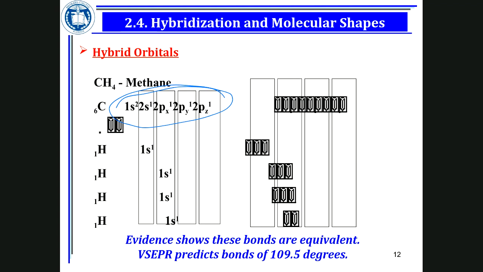And we talked about this earlier and said addition of orbitals is linear. That means 1 plus 3 is going to be 4. This is your s orbital combining with 3 p orbitals, and it is going to give you 4 new orbitals.